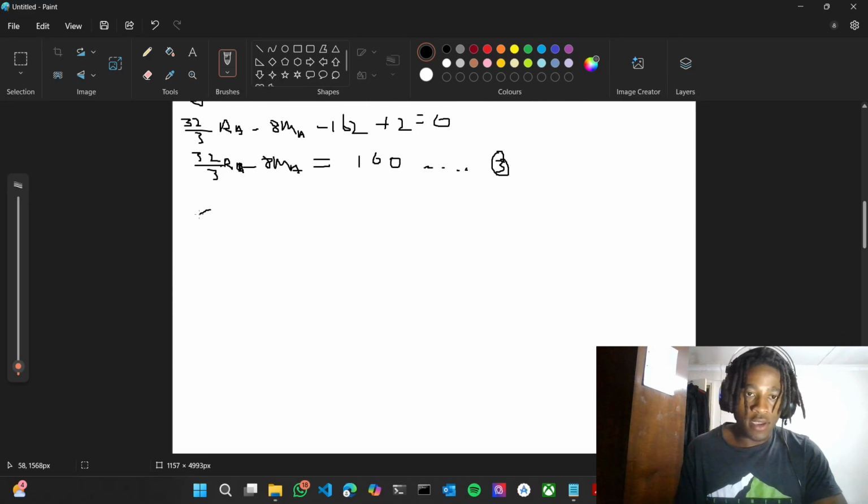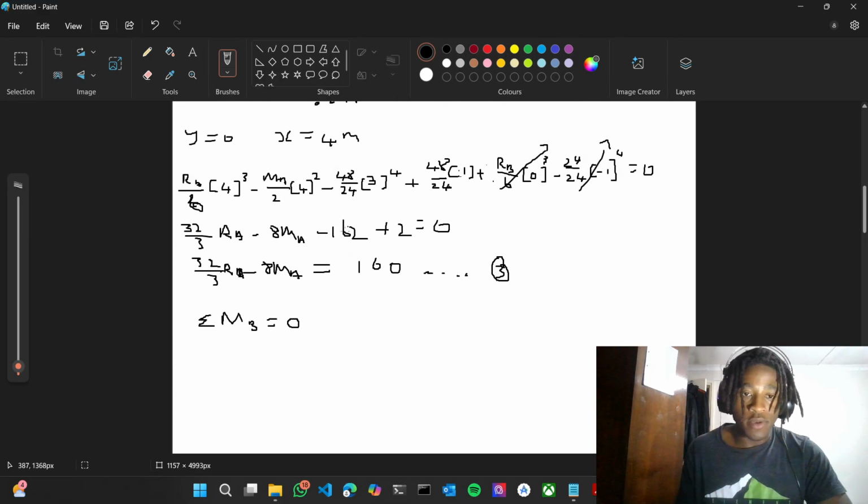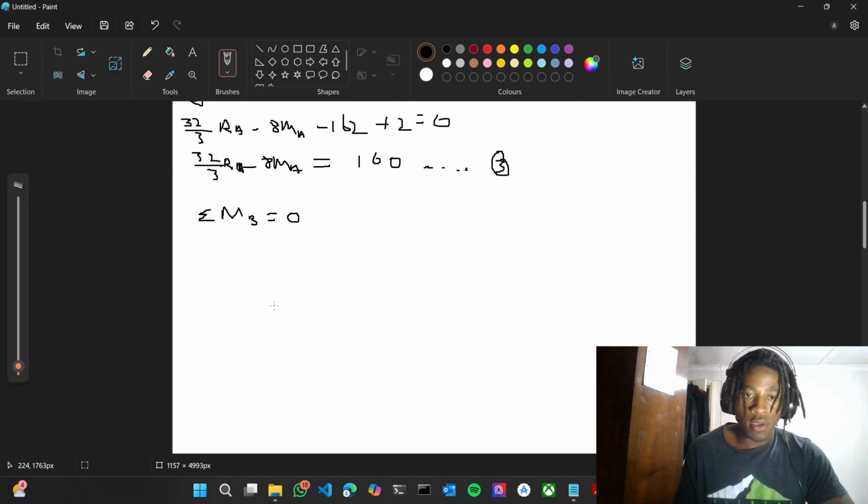So then we take the sum of moments about B, which for the system to be in equilibrium must be 0. So in effect, this acts as an additional boundary condition for our system, which then allows us to evaluate what those unknowns are.